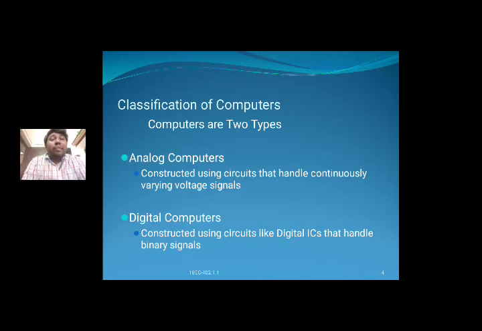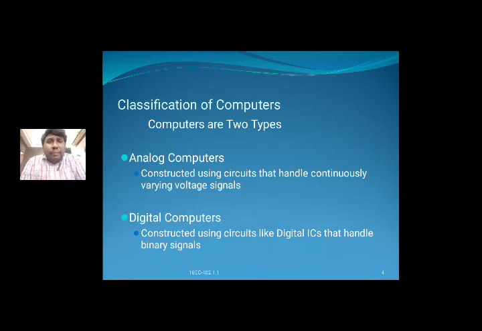That means the applied voltage is in the form of continuously varying voltage. That's why the name is called analog computers.